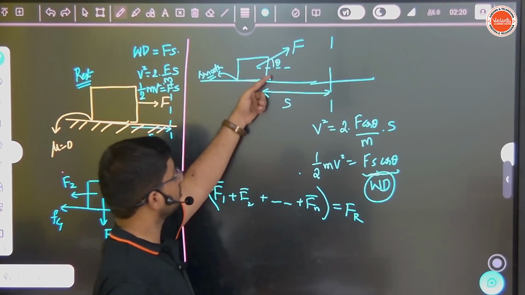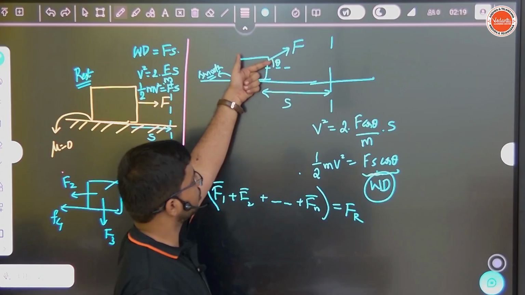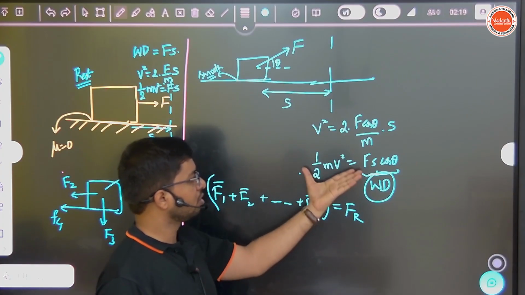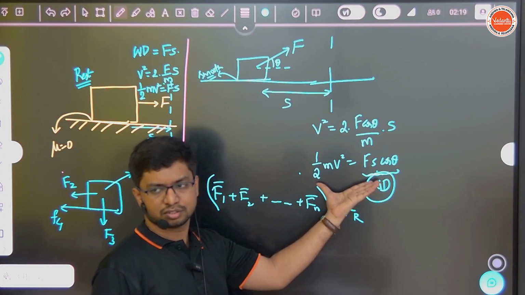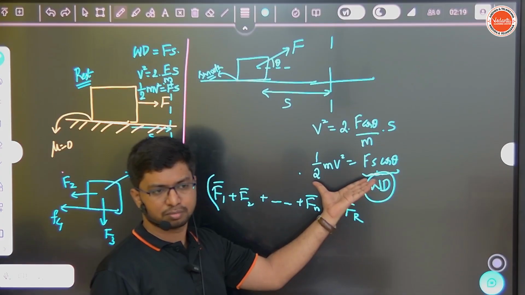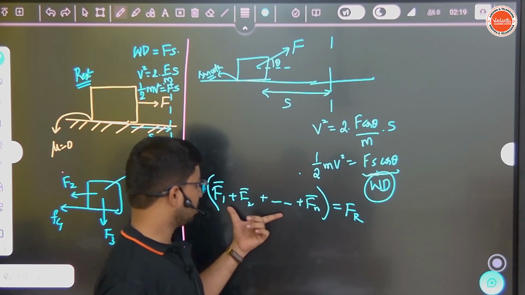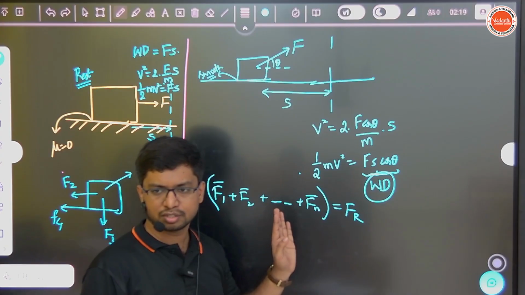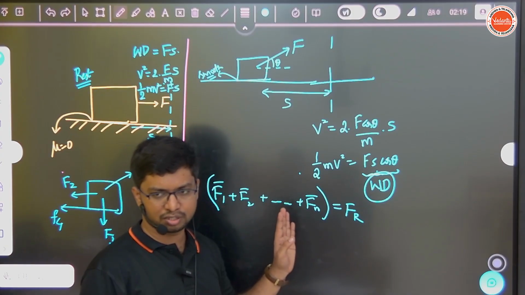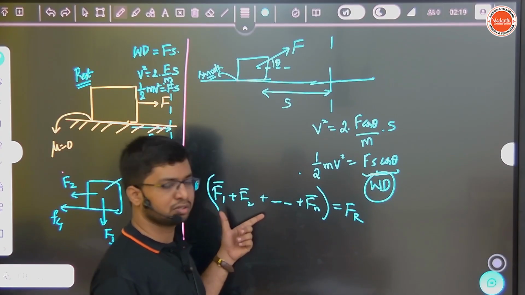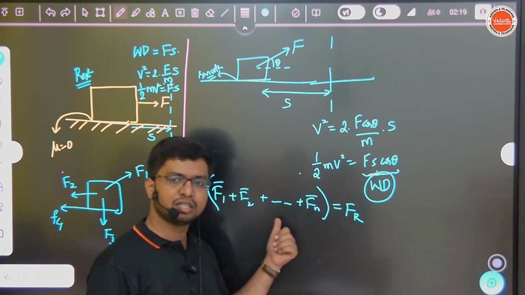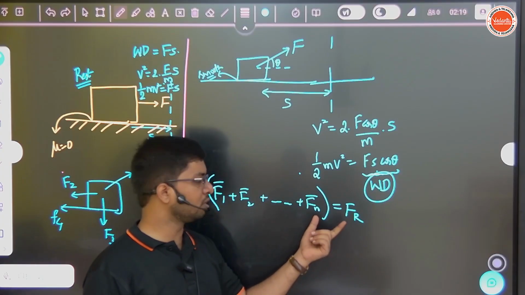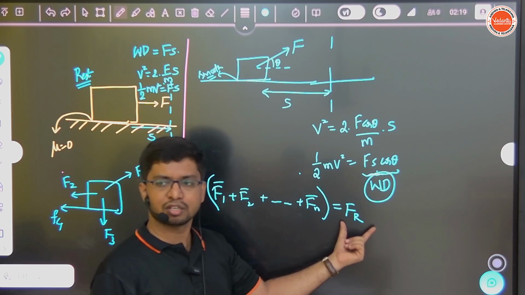And when I have a single force and a displacement, your work energy theorem is valid. Please try to understand this. Even if n forces are present on the body, what I'm going to do is find out the net force, which gives me a single force.